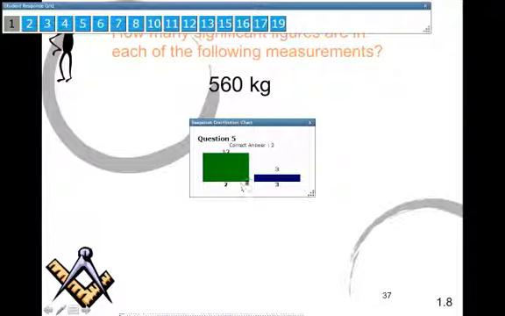Just like that last one, this 0 is a trailing 0. Is there a decimal point in that number? No, so it is not significant. So we just count the 5 and the 6. That's 2.